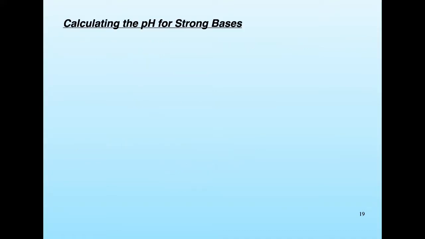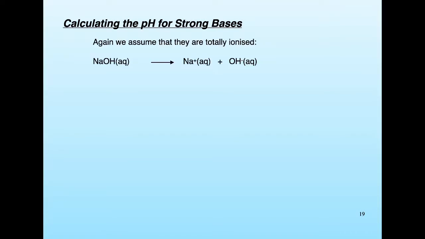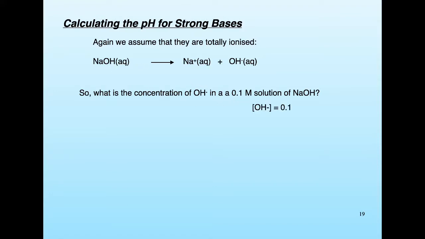Now, we're going to use this to calculate the pH for strong bases. So we assume total ionization. If we take sodium hydroxide, then it completely dissociates when we dissolve it in water to give the ions that are present. That makes sense. The concentration of hydroxide ions in a 0.1 molar solution of sodium hydroxide is going to be 0.1, isn't it?